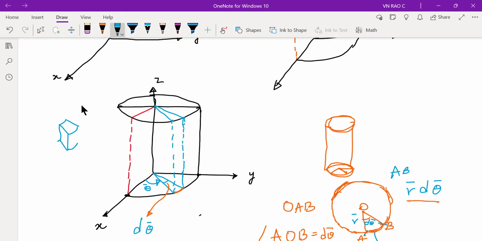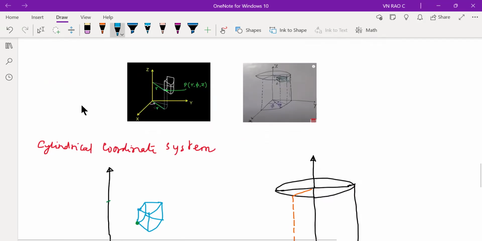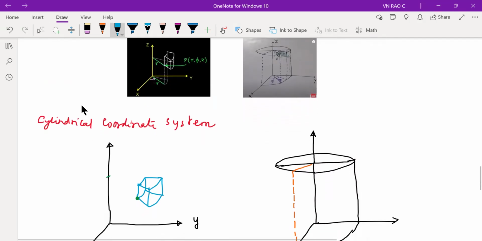Hope it is easy for you to understand. And here also there is a small portion, and so this is the element. So what I am trying to show you is a small portion.